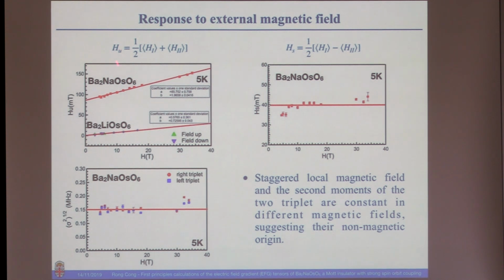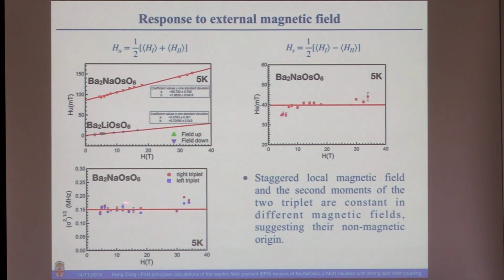Our calculated local magnetic field is linear as a function of the applied field, and this makes sense because you have a constant susceptibility and a constant hyperfine coupling tensor. But the staggered magnetization, which is defined as the difference of the local field experienced by the 2 sodium atoms, is field independent, and this means that this pattern is governed by some higher energy scale of the material itself instead of a field-induced effect.